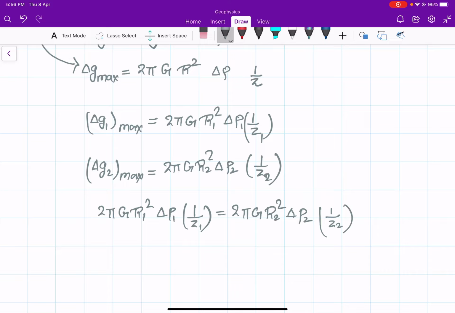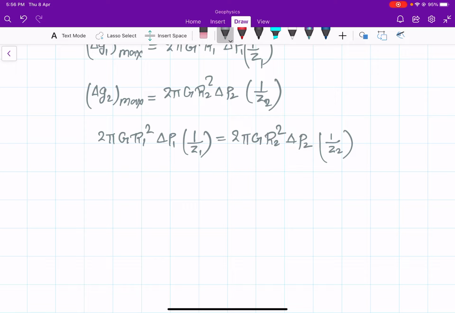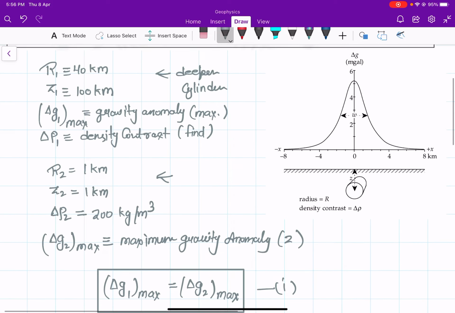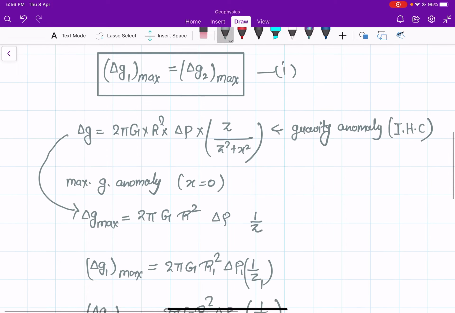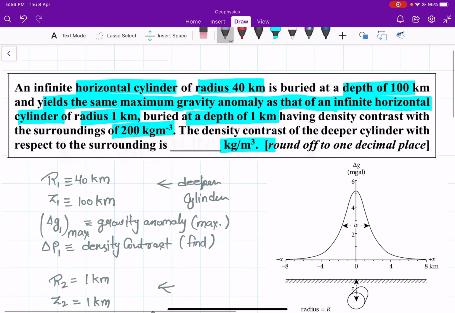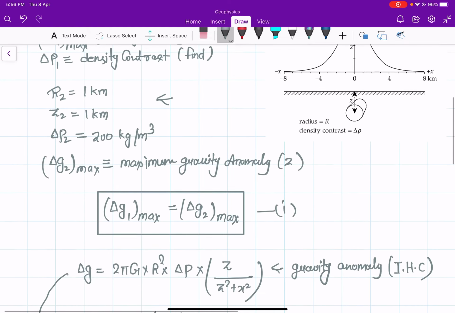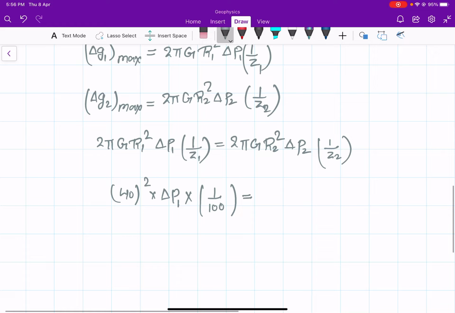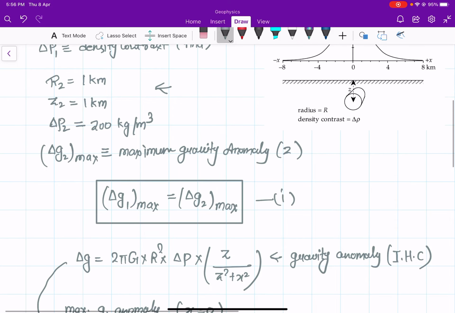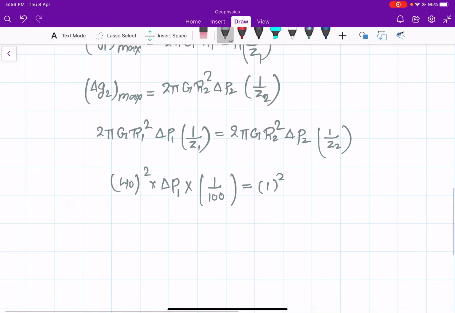So 2 pi G cancels out. Here r1 is 40 kilometer and z1 is 100 kilometer, so this is square of 40 into del rho 1 into 1 over 100, which equals r2, which is 1 kilometer, squared, z2 is 1 kilometer, and del rho 2 is 200 kilogram per meter cube.